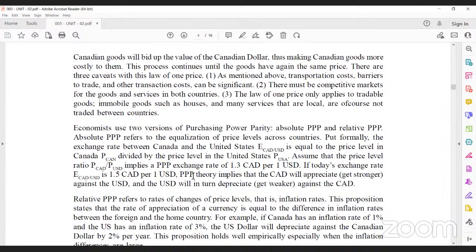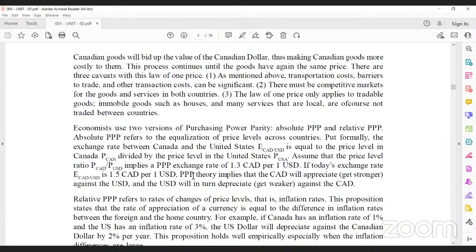As mentioned earlier, transportation costs and transaction costs are all very important to maintain the same prices in two countries. Again, there must be competitive markets for goods or services in both countries. A competitive market should be available, and only then can this happen.